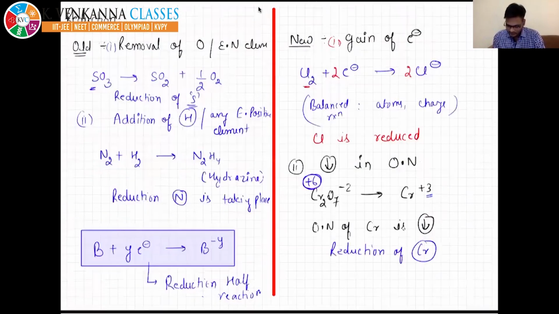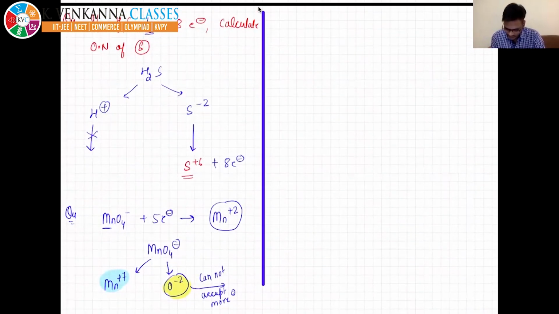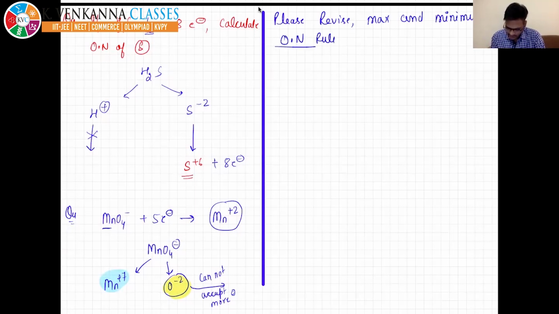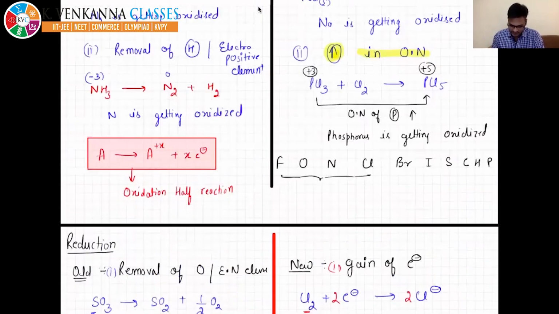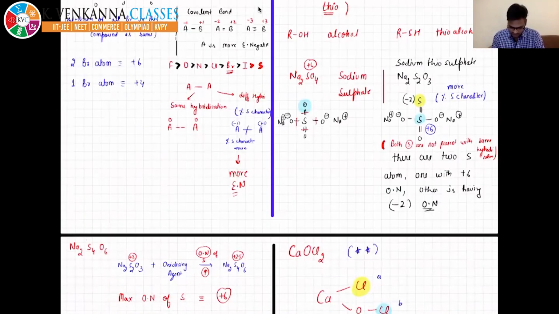So I am writing, please revise maximum and minimum oxidation number rule. Or if you want, I will just cut and paste it over here. Just a second.